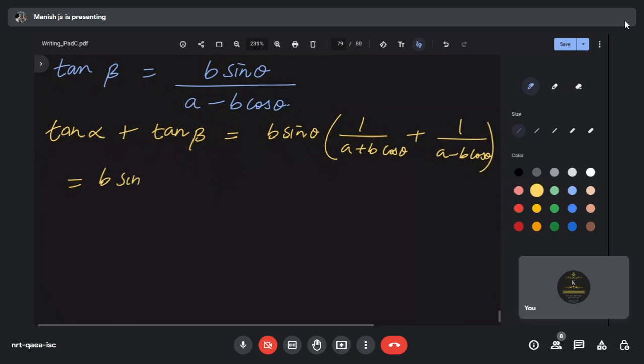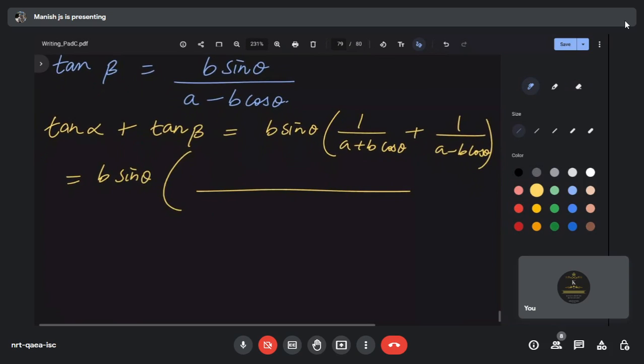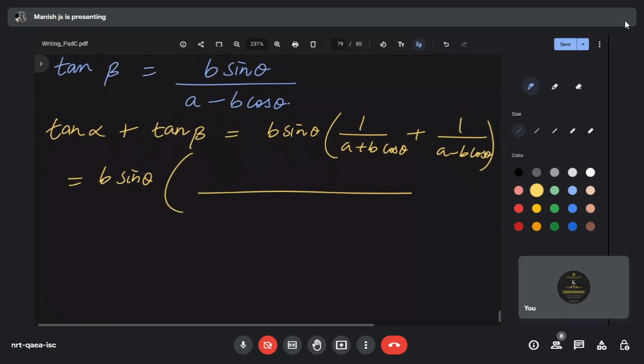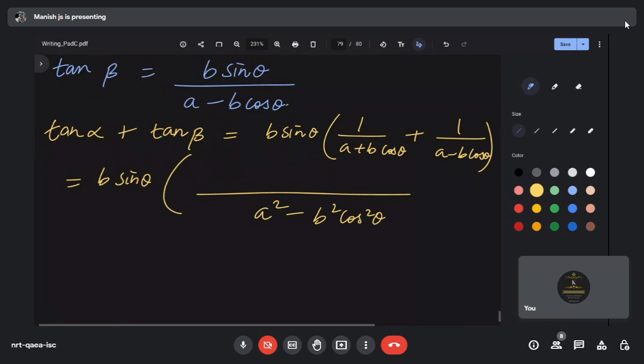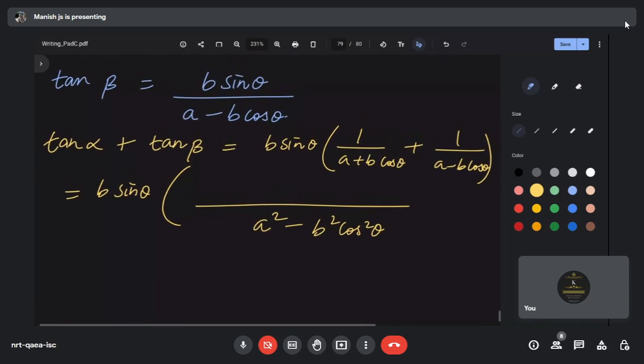It is of the form A plus B into A minus B. So எப்படி எழுதிக்கலாம் நம்ம? Algebra apply பண்ணி, you can write A square minus B square cos square theta. What is the numerator terms?